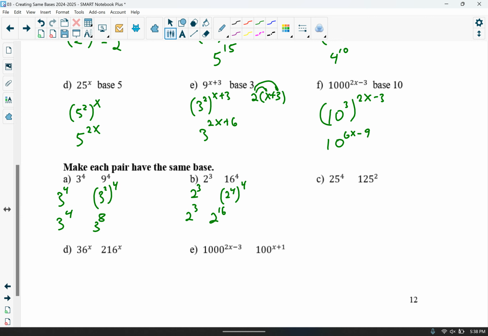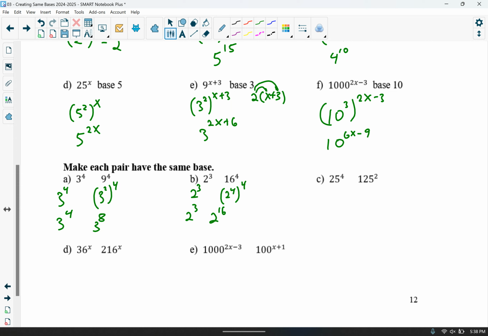Now C is a little different here. We've got 25 to the 4th, 125 squared. Now 25 times 5 is 125, but I can't write 125 as a base of 25 because it's not made from 25 times 25.